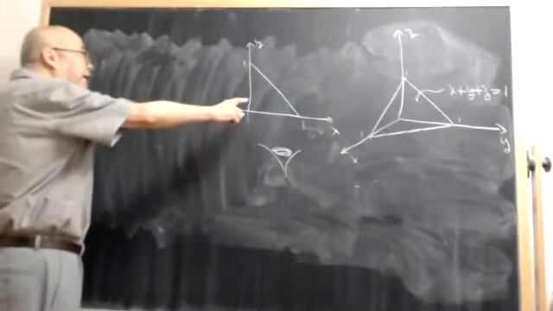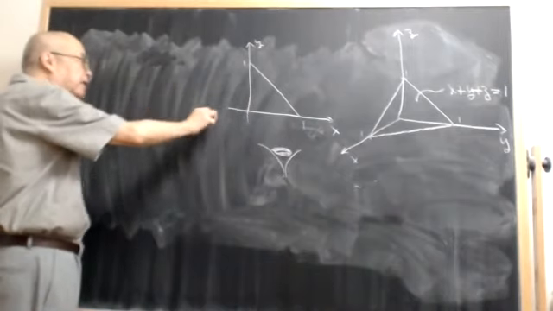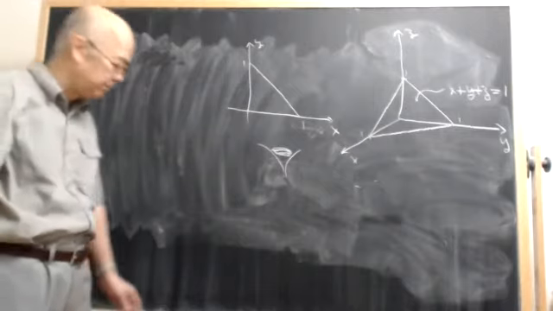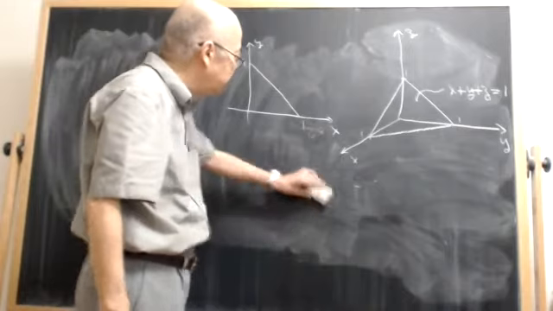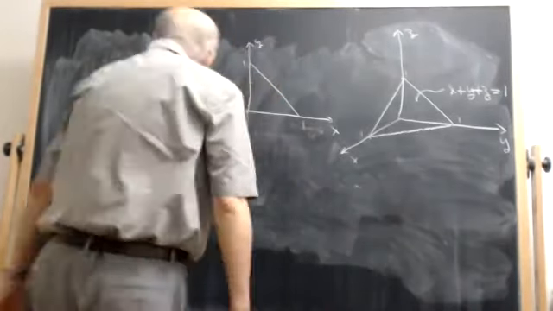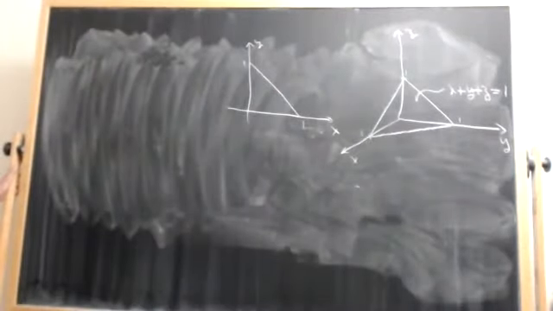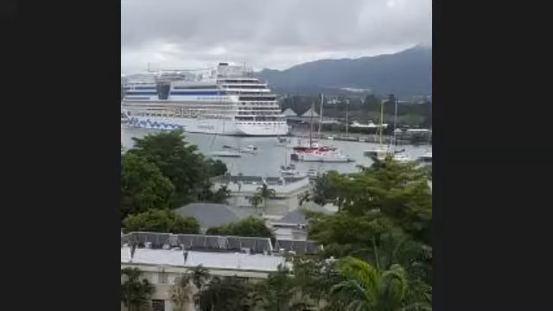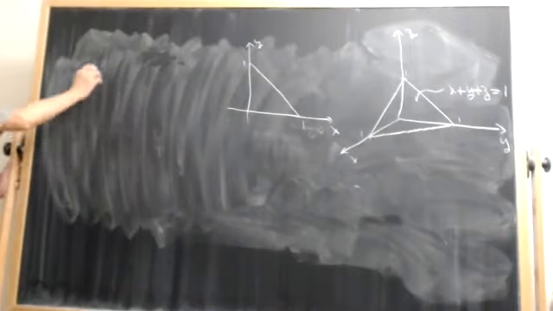And when you look at it as a type 2 region, you look at it from this direction. So it's both. So you can choose either one you like. But let's try to pick the type 2 region.